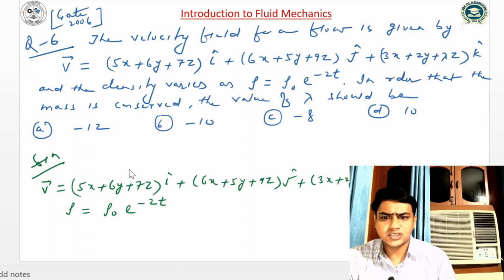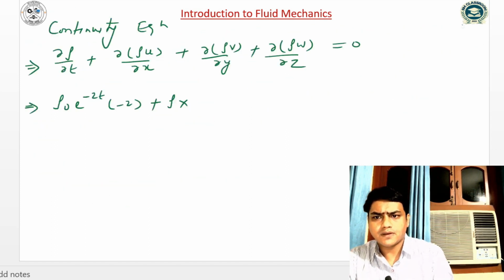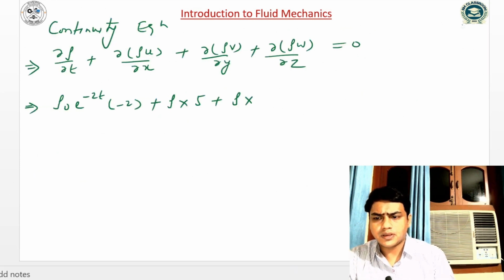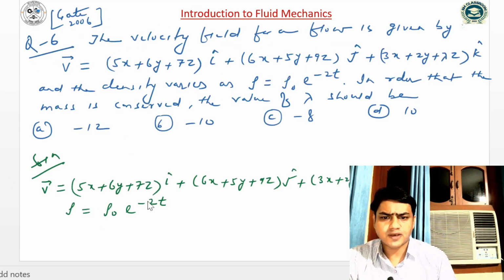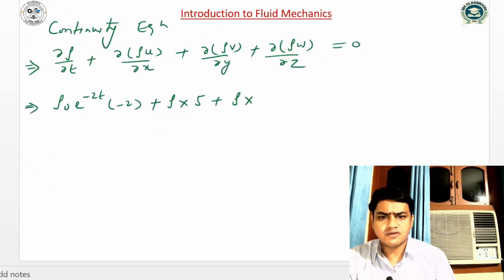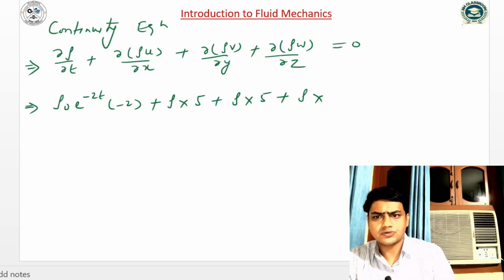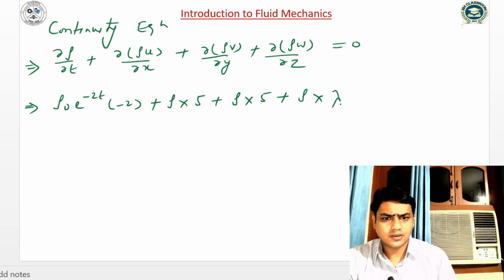Del u by del x is 5, plus rho into del v by del y. Del v by del y is 5, plus rho into del w by del z. Del w by del z is lambda.